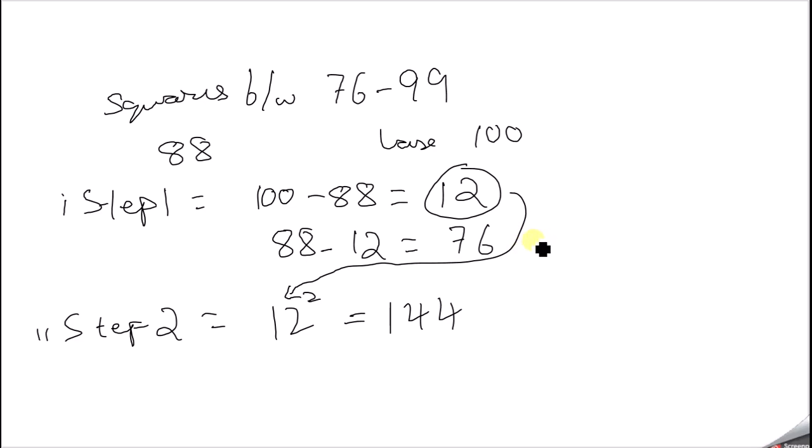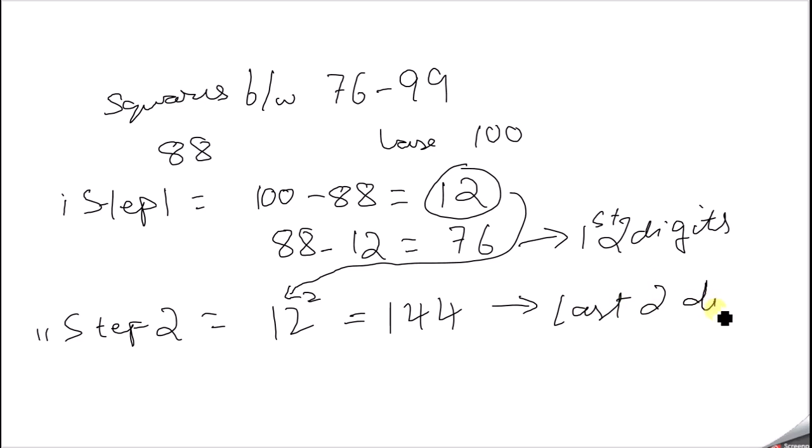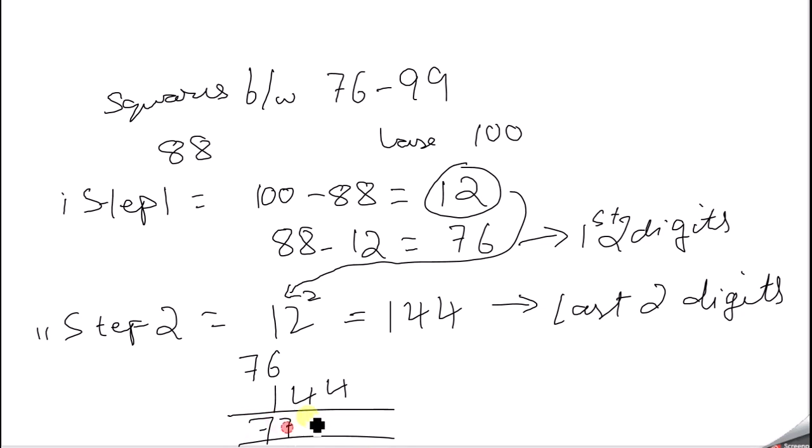You get the first two digits from 76 and the last two digits from 144. Adding them this way, 76 and 144 give 7744. This is your answer.